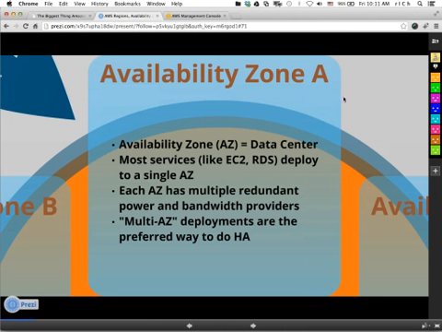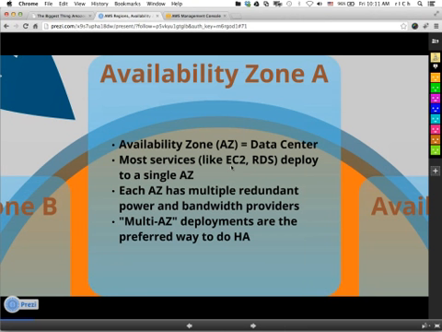If there is any issue in that data center, and I didn't provision other EC2 instances in other AZs, then I would lose my app. My customers would lose the ability to get to my app. So a really common thing that you want to do for HA is span your services across AZs. And Amazon makes that very simple.